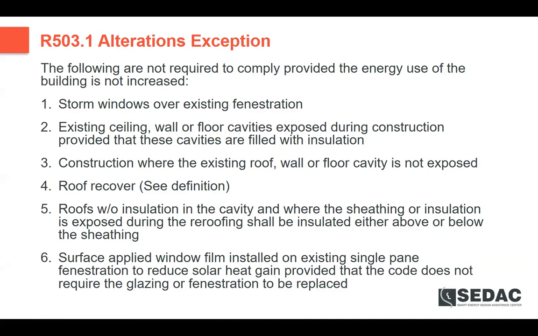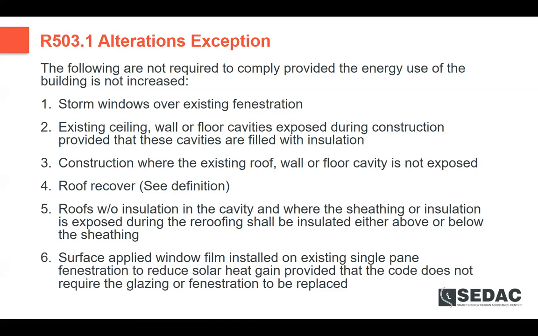So if I remove plaster and lath or drywall and I've now exposed the cavities, I don't have to bring the cavity up to the full value stated in the table, R20 or I believe it's R13 plus 5 continuous, but I do have to fill the cavity with insulation. So if I got a 2x4 wall and I put a 2x4 batt insulation in that cavity, I have complied with the code. Even if that's not a full R20 in that cavity, that's perfectly acceptable.